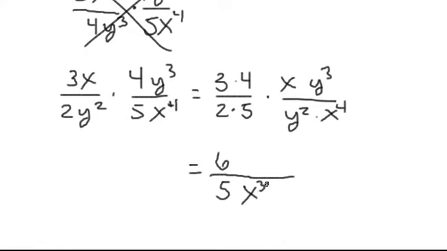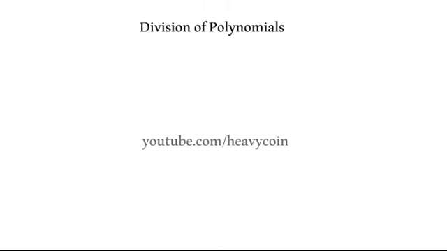We have 3 y's in the numerator, 2 y's in the denominator, so we can cancel the 2 y's out in the denominator, and we're left with 1 y in the numerator. Alright. So we have 6y over 5x cubed. Okay, that was simplified down.